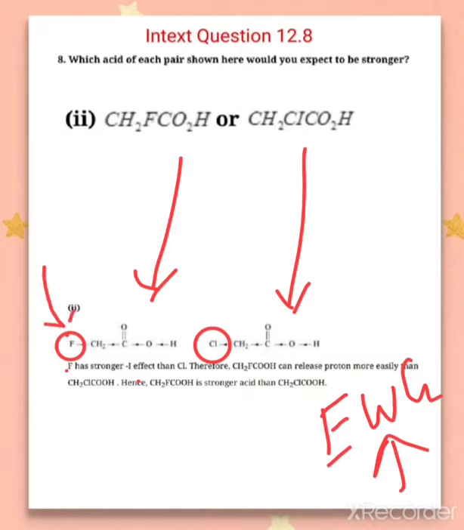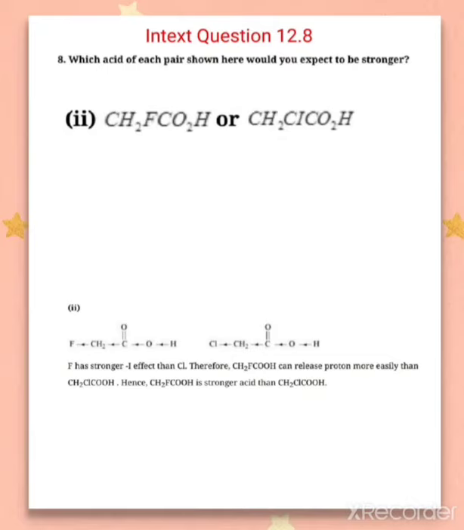So we can say this compound will be the stronger acid. That is, the compound having the fluoro group is more acidic than the compound having the Cl group. So this is the correct answer.